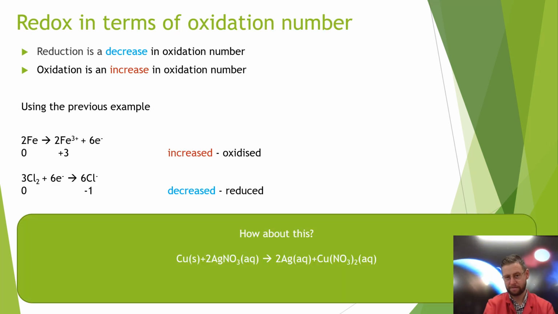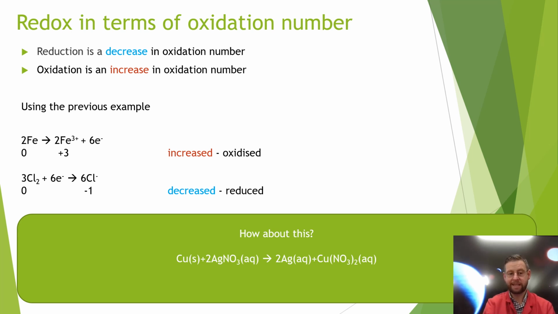Now, these half equations can be quite useful because they can help us to see what's happening to the oxidation number of the various different chemicals involved. If we look at the example from the previous slide, the iron turning into the Fe3+ and giving off its electrons, well, to start with, iron by itself has an oxidation number of 0.